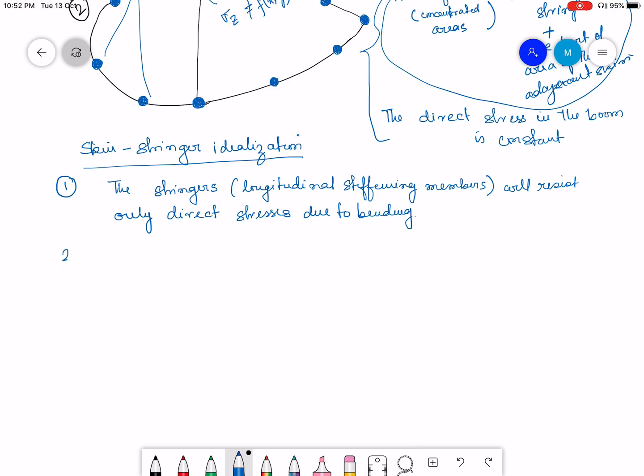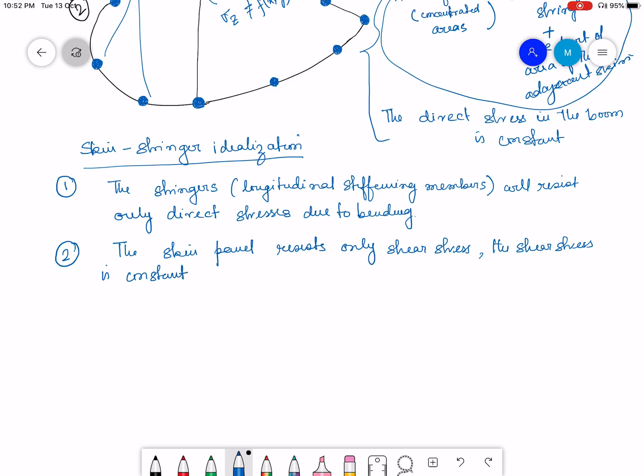The second idealization is that the skin panel resists only shear stress. The shear stress is constant across the wall thickness.